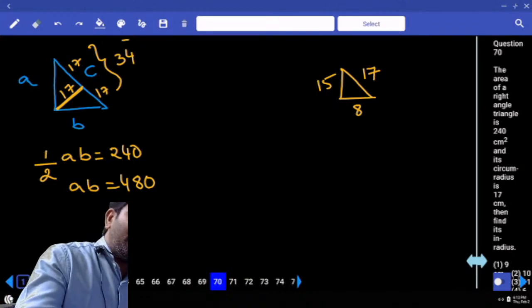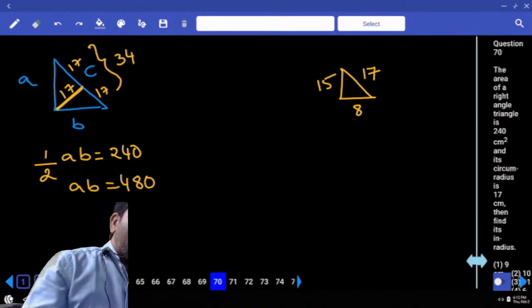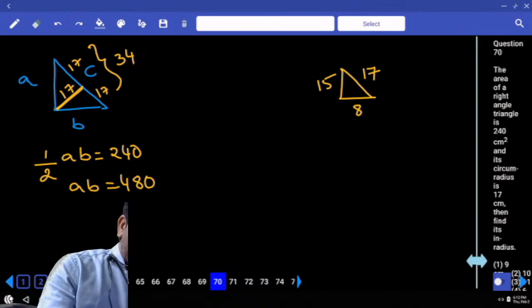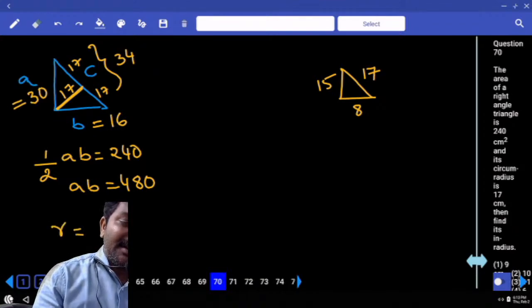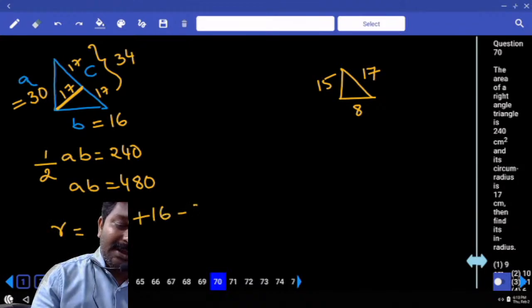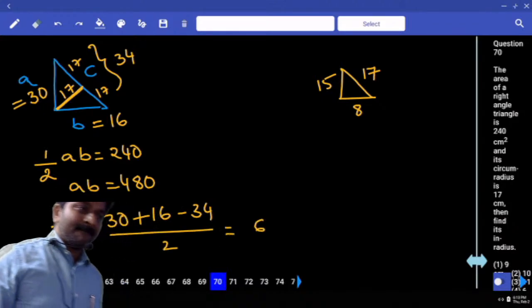But now we have 34. That means how many times? 2 times. So base 2 times 16, A 30. Now inradius is equal to A plus B minus c/2. Answer 6. 12/2.